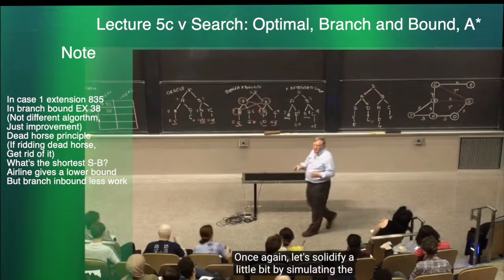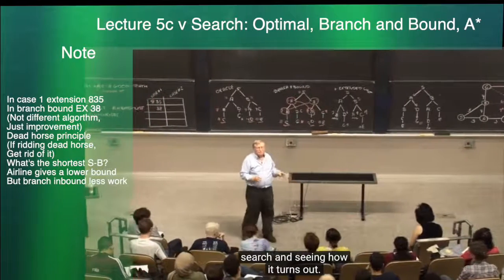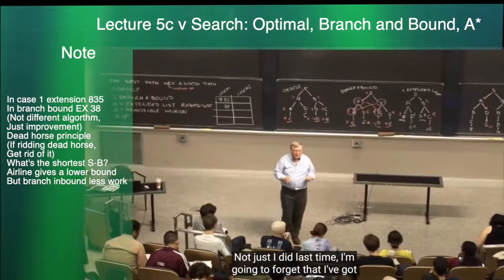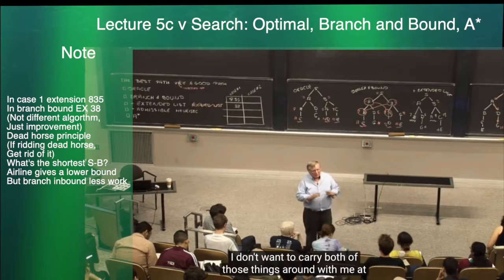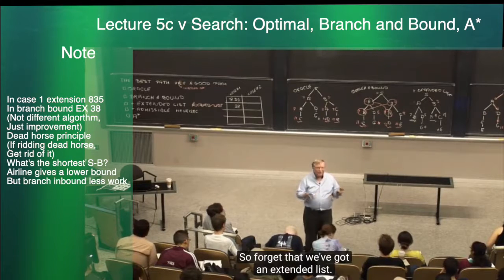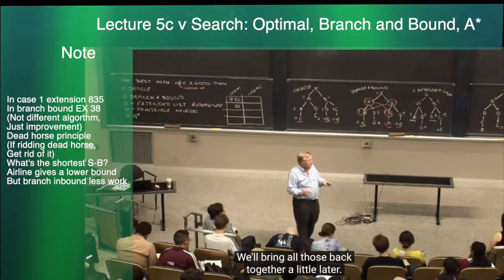Once again, let's solidify this a little bit by simulating the search and seeing how it turns out. Now, just as I did last time, I'm going to forget that I've got an extended list, so I don't want to carry both those things around with me at the same time. We'll forget that we've got an extended list, and we'll bring them all back together a little later.